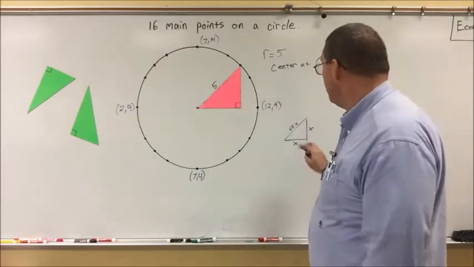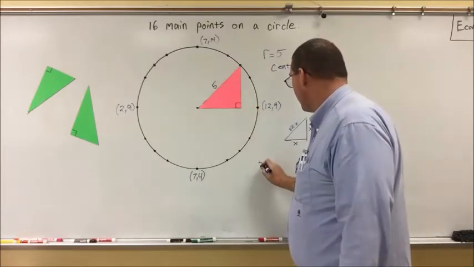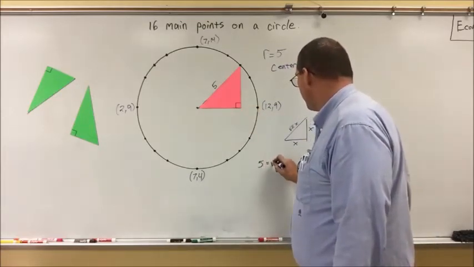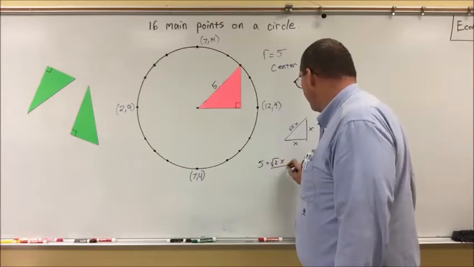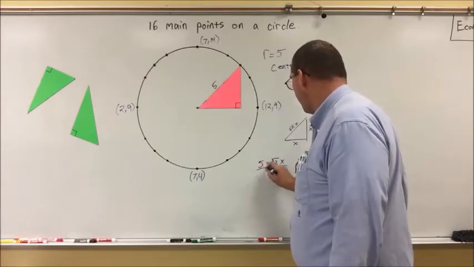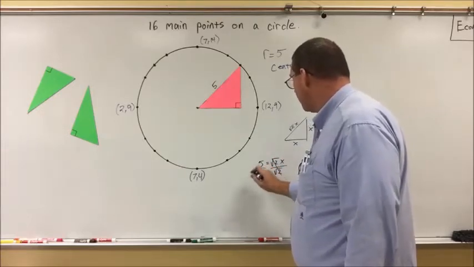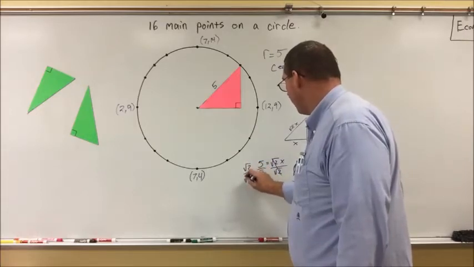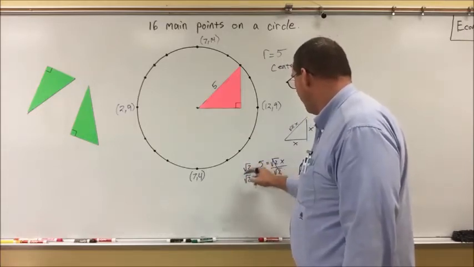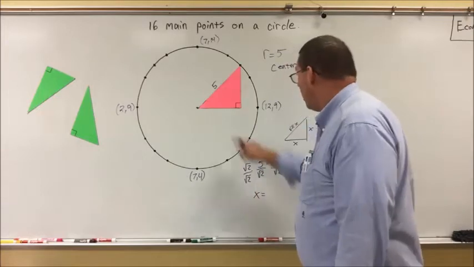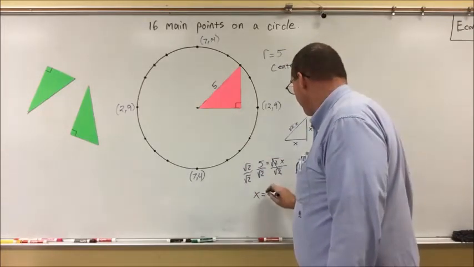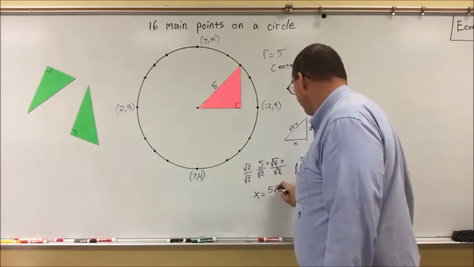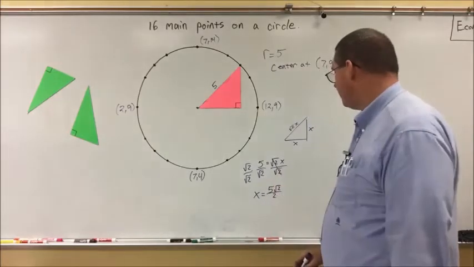And so all I have to do here is take the 5 and say that 5 is equal to the square root of 2 times x, then divide by the square root of 2 on both sides, then rationalize the denominator by multiplying by the square root of 2 over 2, top and bottom, and I would get a leg length of 5 square root of 2 over 2.